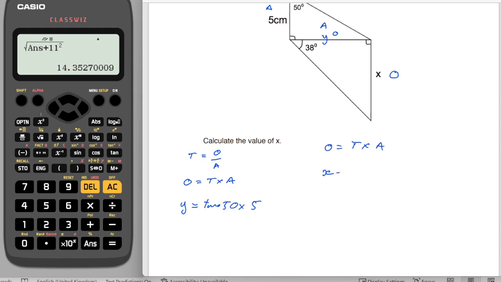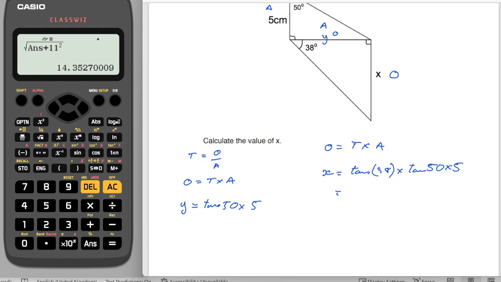So x is going to be equal to the tan of 38 times by the adjacent, which is y. So y was tan 50 times by 5. So I can just get away with typing that in once into my calculator.